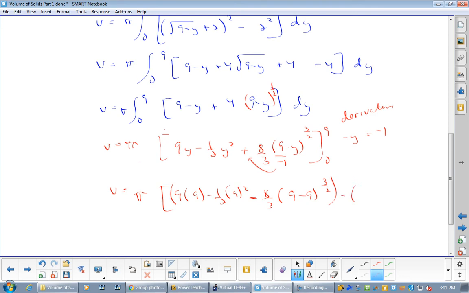Minus, so 9 times 0 minus 1/2 times 0 squared minus 8/3 times 9 minus 0 to the 3 over 2. Okay, when you put that all in, you get a volume of 225 over 2 pi units cubed.